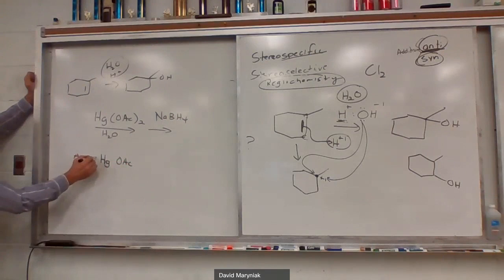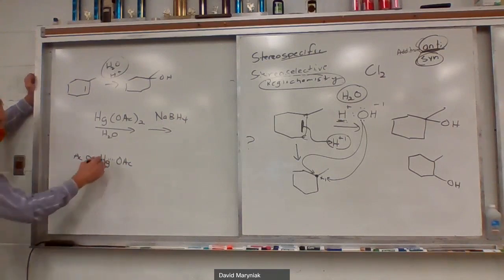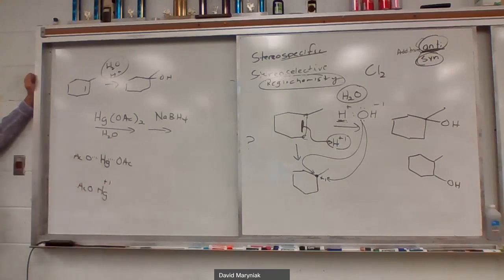So there's a coordinate covalent bond there and there. And if one of those acetates pops off, you can have that species, which gives you a way to say, aha, that's my electrophile.